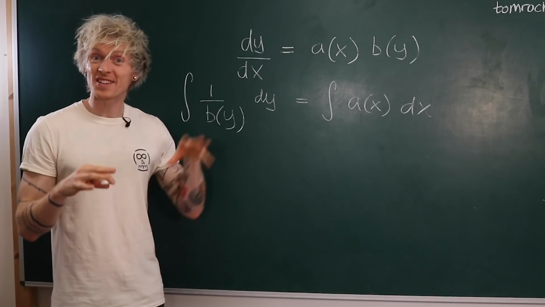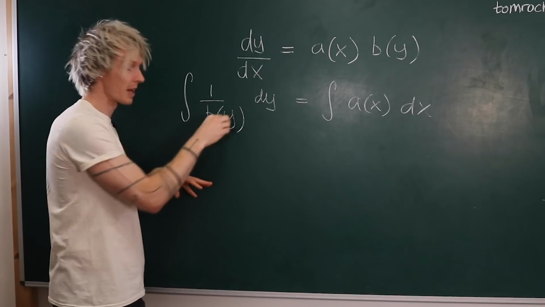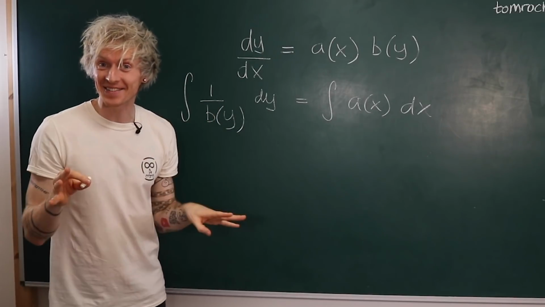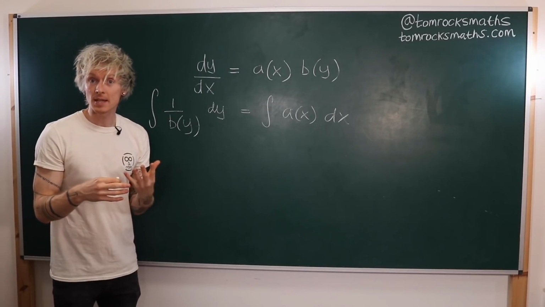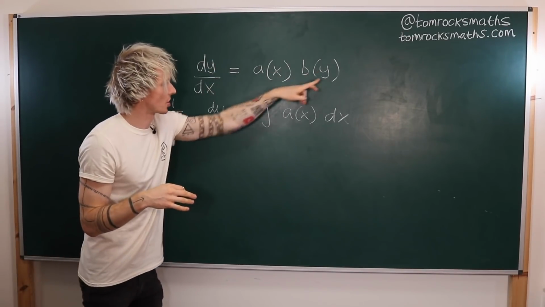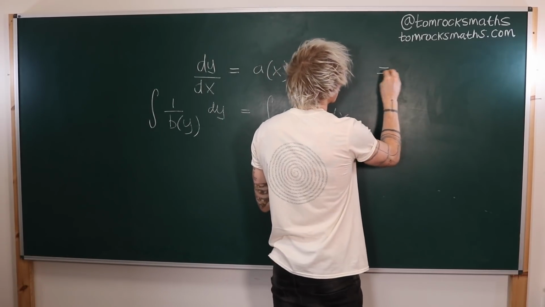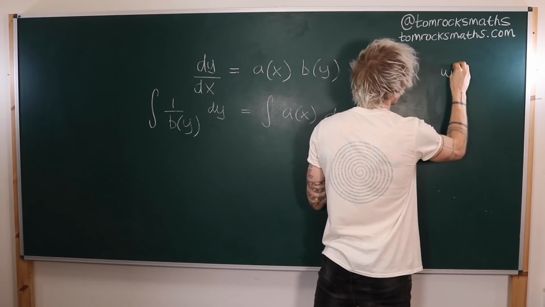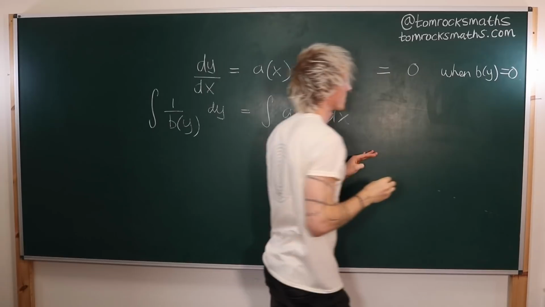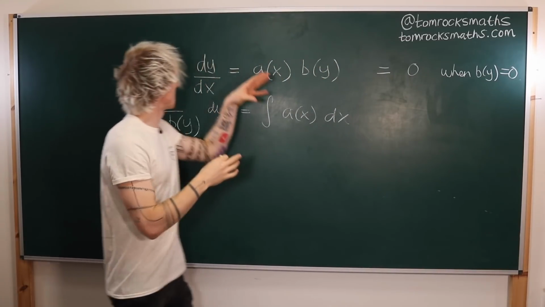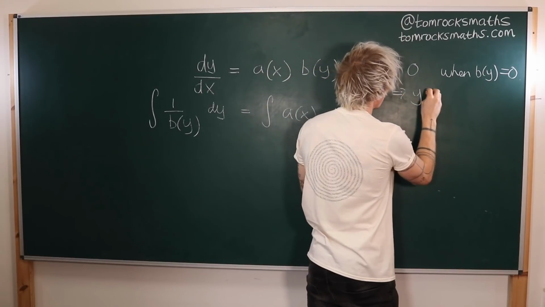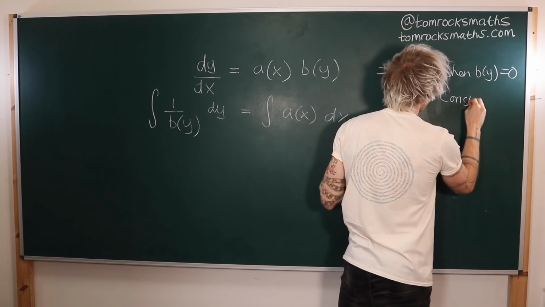A final point to mention here is that b of y, of course, has to be non-zero. We still can't divide by 0. In the case where b of y is equal to 0, this equation will just reduce to 0, and so what we're actually solving is dy by dx equals 0, which gives the solution y equals constant.